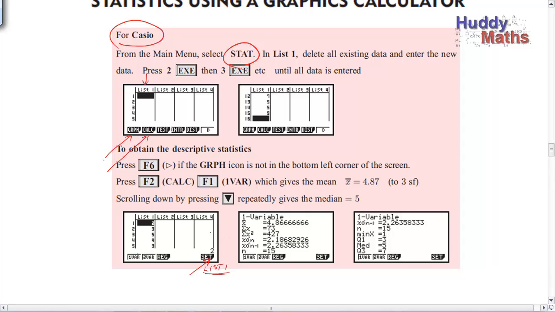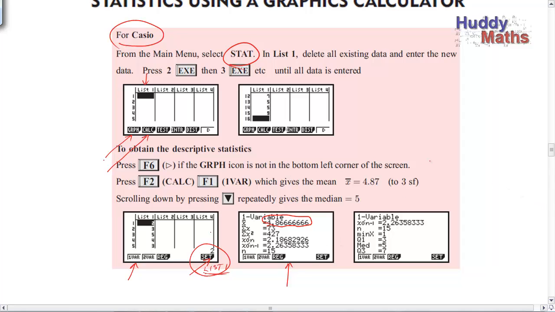Once you've set up the calculator to show it's going to work with list 1 data with a frequency of 1, hit 1 there and you get this screen here. There's your X bar. Whatever data, I think they've put in numbers 1 to 9 there. No, they've got some other data set, doesn't matter.